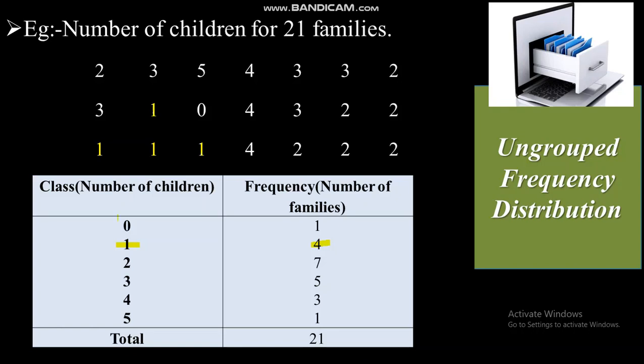Here 0 represents the first class, and 4, for example, represents the fifth class. Then the number of repetitions of that value stands for the frequency of that class.